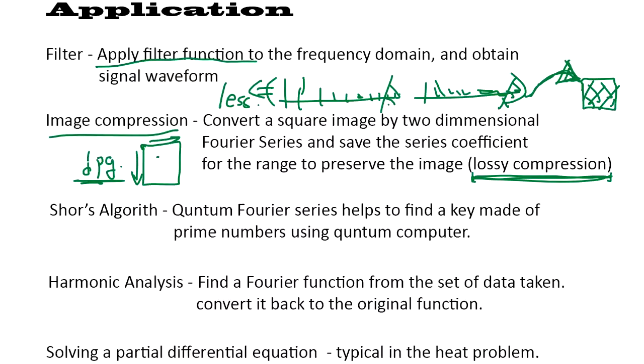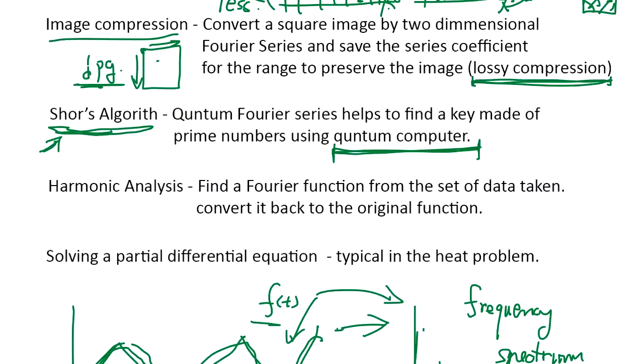Another one is Shor's algorithm. This is the latest topic, quantum Fourier series. This algorithm is used for quantum computers to break encryption codes. These details are getting a little bit difficult, so just let you know that the Fourier series is used in such an area too.